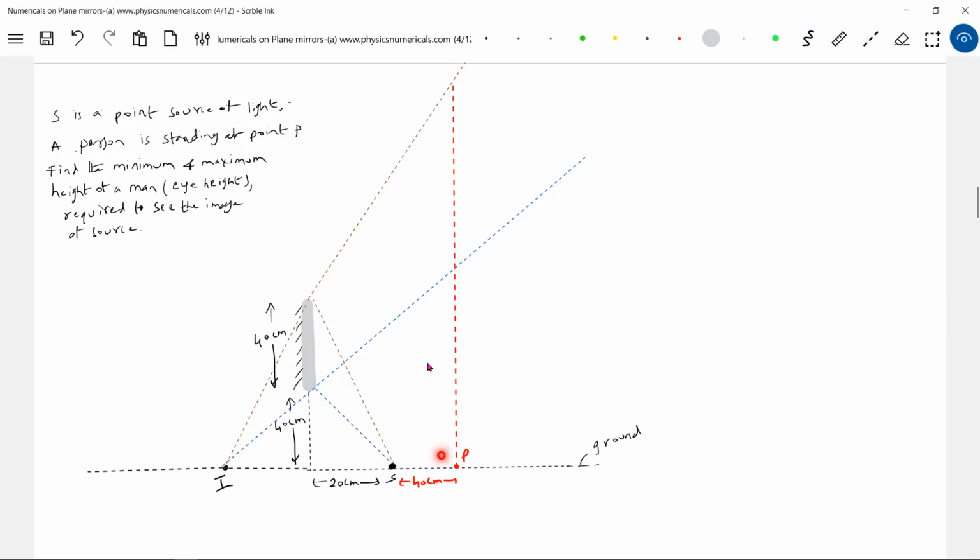The person, what should be the minimum and maximum height of the person? So now let's finally put the ray diagram.